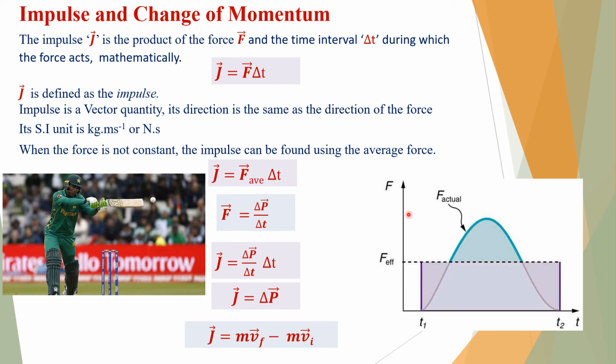If the mass of the ball is less, then it will leave the bat with greater velocity, and if the mass of the ball is greater, then it will leave the bat with less velocity. So impulse is related to change in momentum. This line shows the average force and this point is the maximum force.